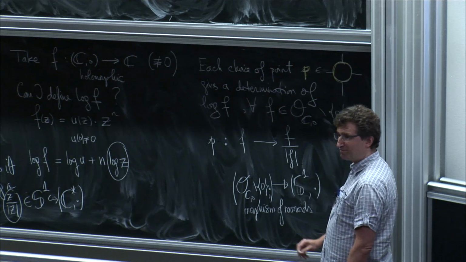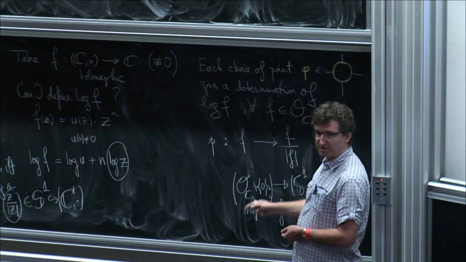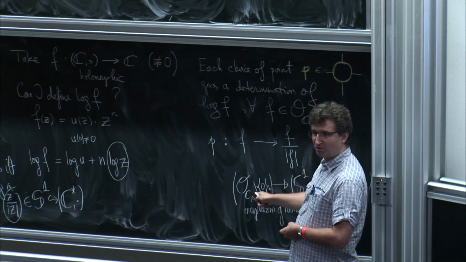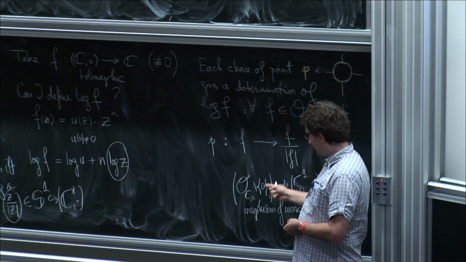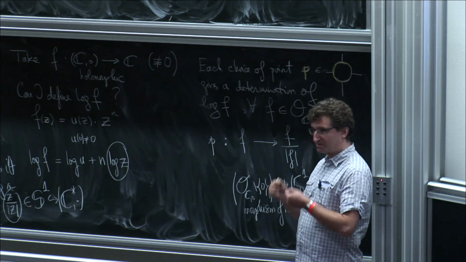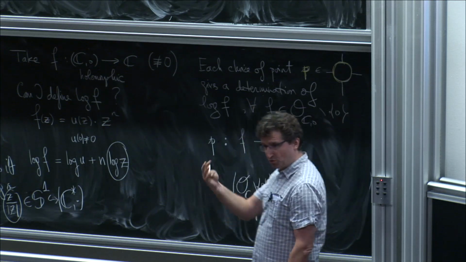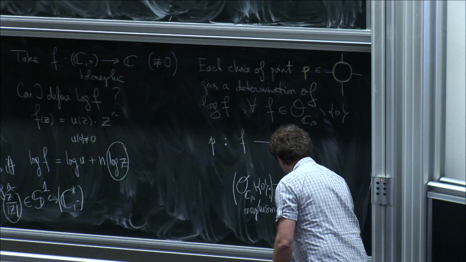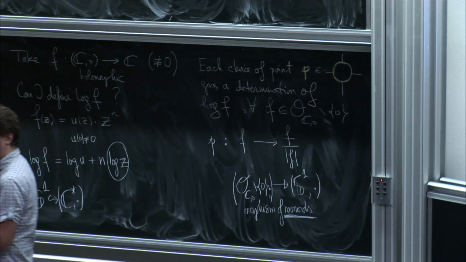Here on the right you have a group. But here on the left you do not have a group, because the inverse of a function here is not holomorphic if the function vanishes at 0. You don't only have multiplication. So that's the moment when you see here for the first time the need to look at objects which are monoids. And they are really the algebraic building blocks of log geometry.